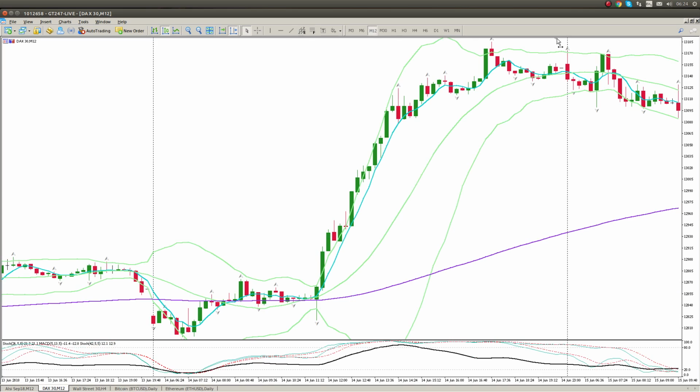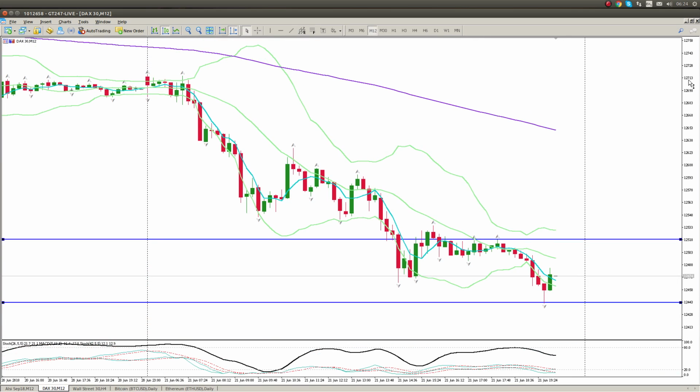And I think what we need to do is just get down to the 12-minute, and you can see here we had an inside bar engulfing, and then we fell off a bit, and then at the US close, we bounced up a bit. Now the futures market right now for the DAX is sitting at 0.3% up, so we're sitting at 12,500.